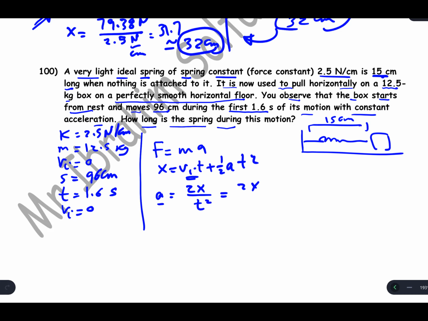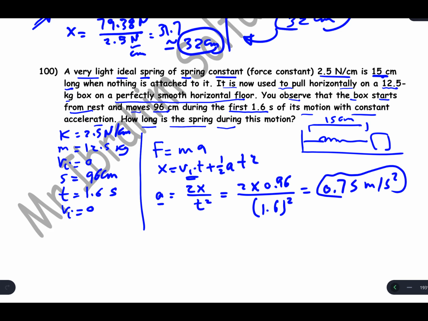Let's write it in meters to get the acceleration in meters per second squared. So 0.96, and the time 1.6 squared. So acceleration equals 0.75 meters per second squared.